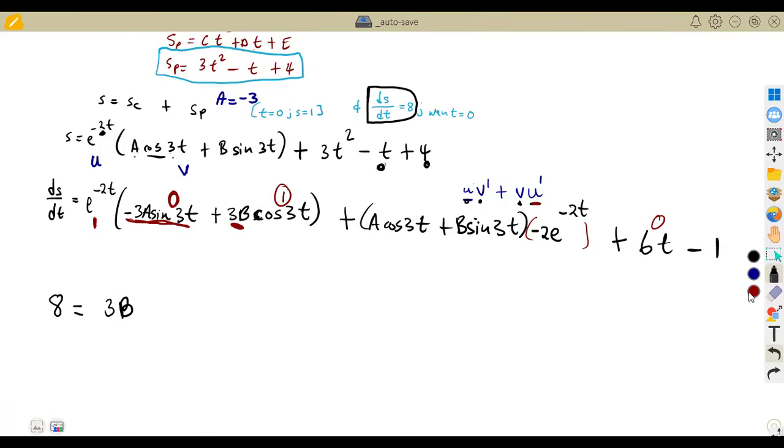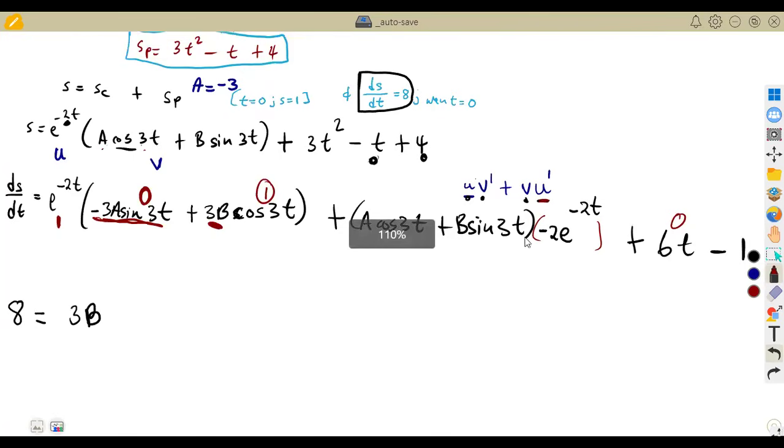Okay, let us move on here. If we substitute t being equal to 0, remember the condition here is that t must be equal to 0. Cos gives us a 1, so this will be a 1. Sine gives us a 0 totally. Then e to the exponent of 0 gives us a 1, and that 1 is going to multiply with minus 2.